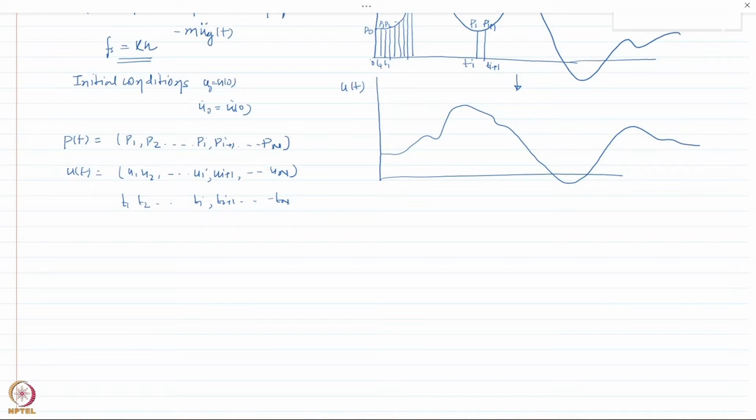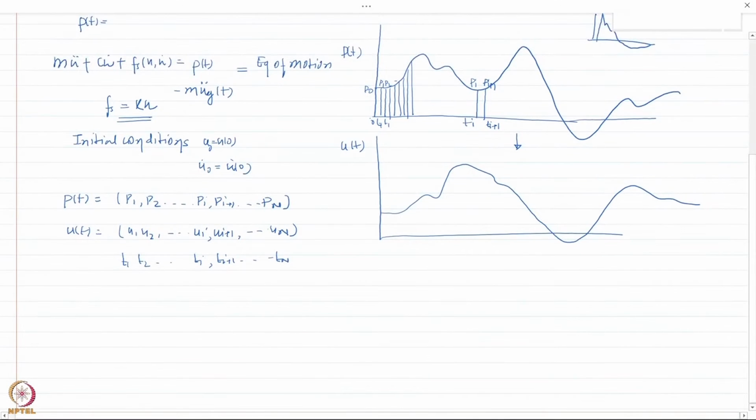We don't get it as a function or a closed form solution, but for each time instance t1, t2, we get a value of u1, u2 at those instances of time. So let us say at ti and t(i+1), I get my responses as ui and u(i+1).